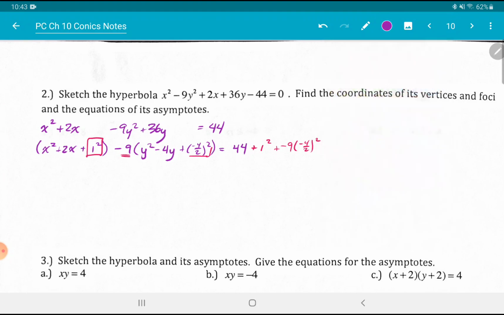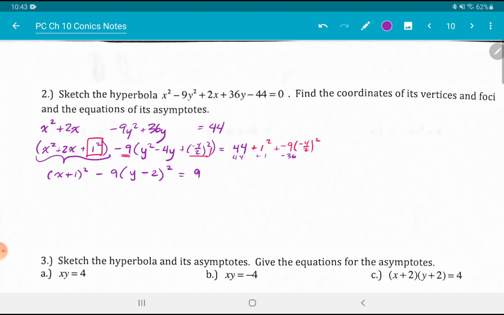So in simplifying the entire left side now, this perfect square trinomial will become x plus 1 squared minus 9 times y minus 2 quantity squared is equal to, and then we're just going to add this up. Negative 4 over 2 is negative 2, squared is 4, so we'll get negative 36 here, plus a 1 and a 44. That'll give us 45 minus 36, that'll give us 9.